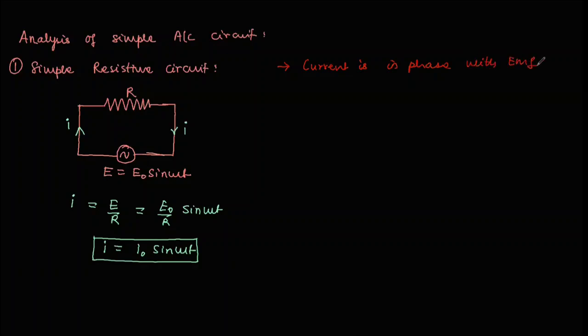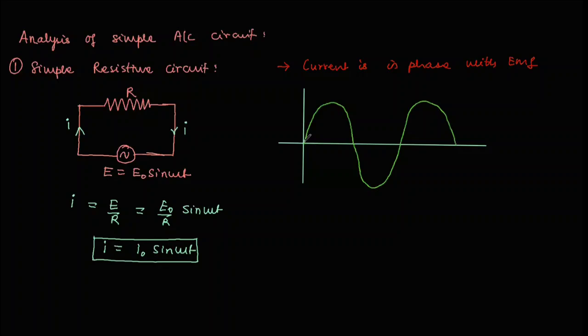When I say current is in phase with EMF, तो इसका मतलब ये हो गया कि अगर अपने इसके लिए ग्राफिकल रिप्रेजेंटेशन बनाए of current with time and voltage with time, so the graphical representation is going to look like this. तो अगर ये वोल्टेज का ग्राफ है टाइम के साथ साथ, in green we are writing E with t.